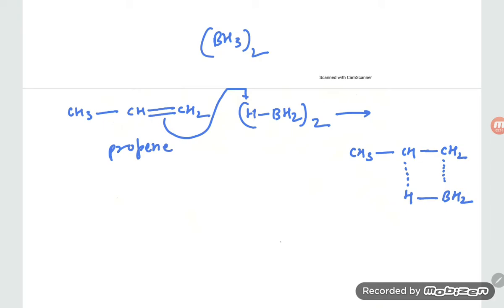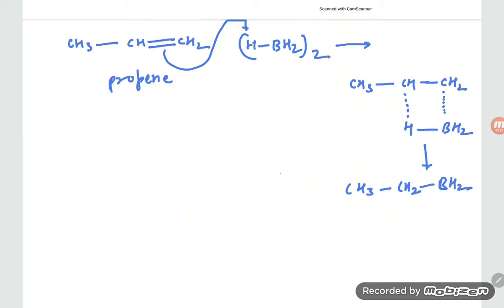So this product will form, that is CH3 CH2 CH2 BH2.